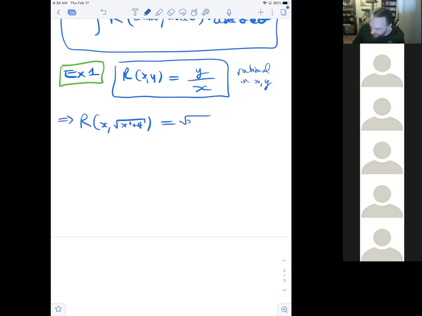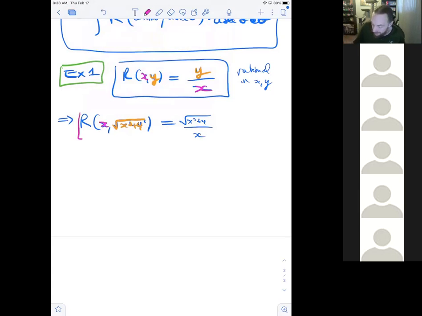I put x squared plus 4 over x. I had y here, and I have the y coordinate here. So it says put y on the top, and it says put x on the bottom. So that's what I did.